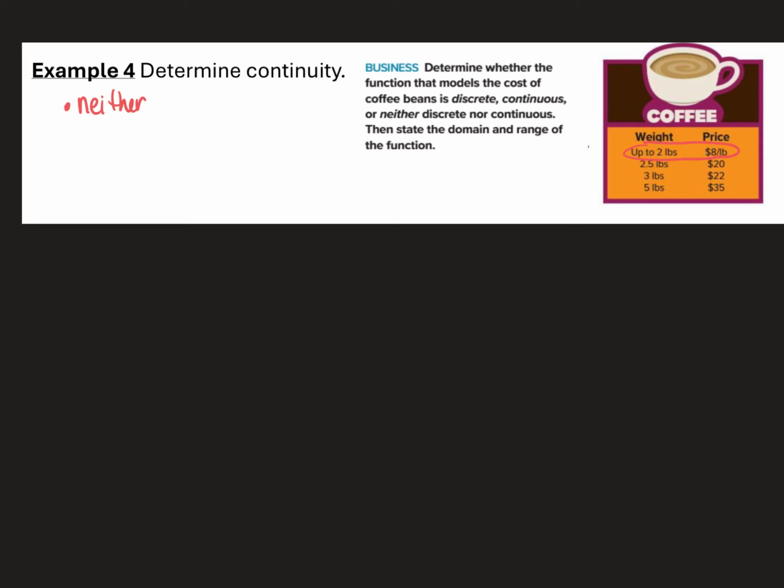And then it says state the domain and the range. Domain would be your x, or your weight, and range would be your price. So let's put that on a number line. Domain. We need to limit that from 0. We need to start at 0 because that would be our starting point.